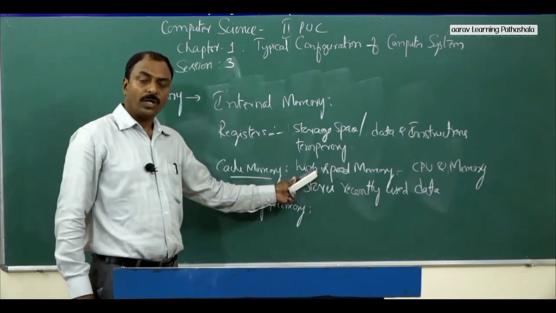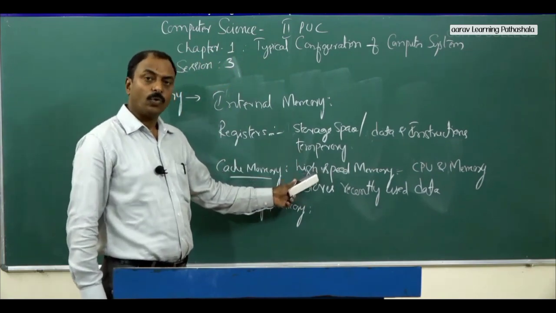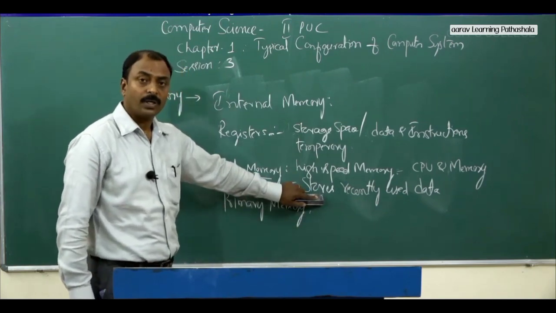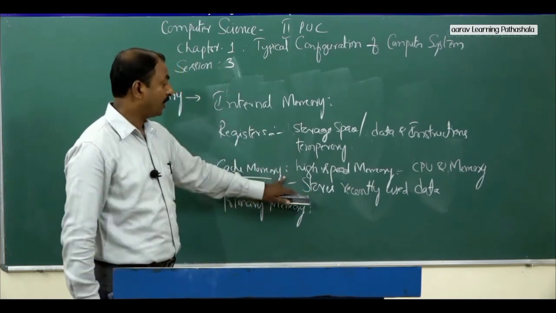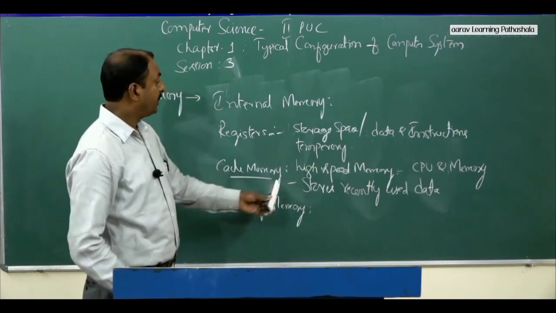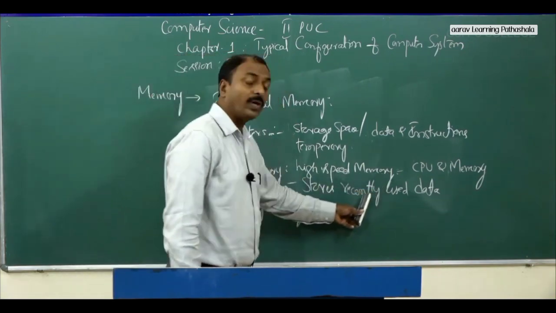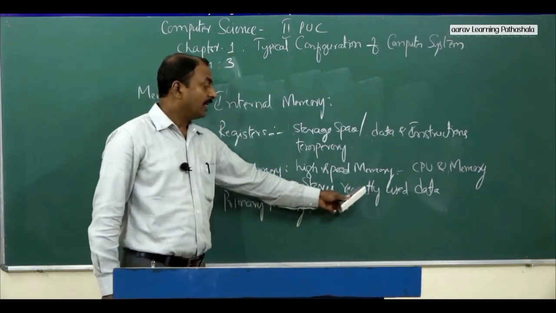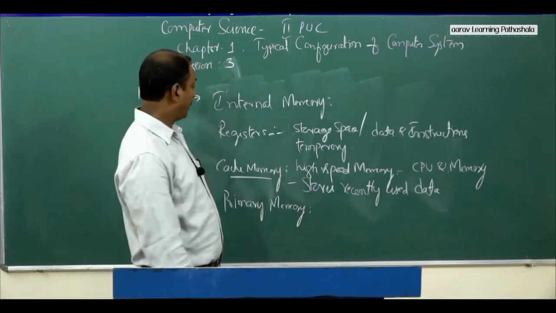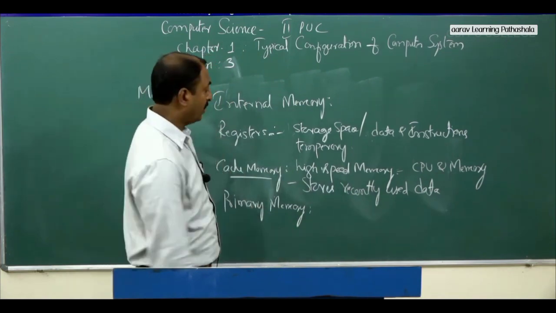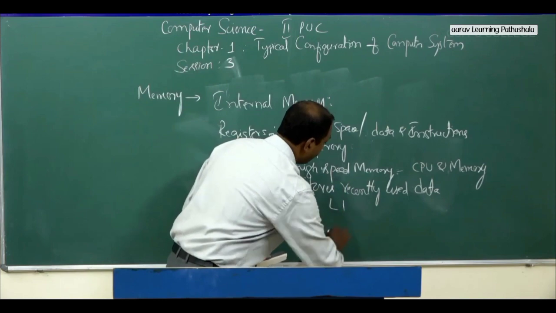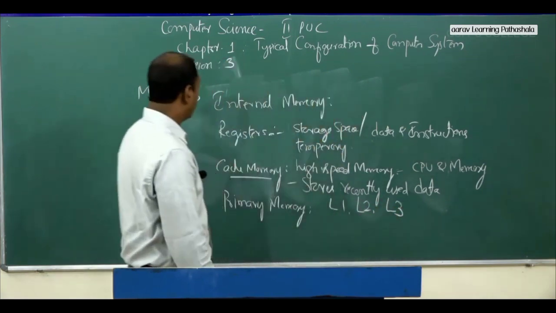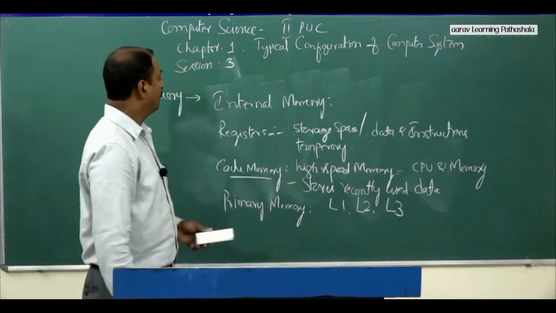So when you open the same file once again, the file will be accessed from the cache memory, so that it can be much faster, in terms of a few seconds. So this is cache memory. It is used to store recently used data, and under cache memory there are three levels of cache: L1 cache, L2 cache, and L3 cache. So this is about cache memory.